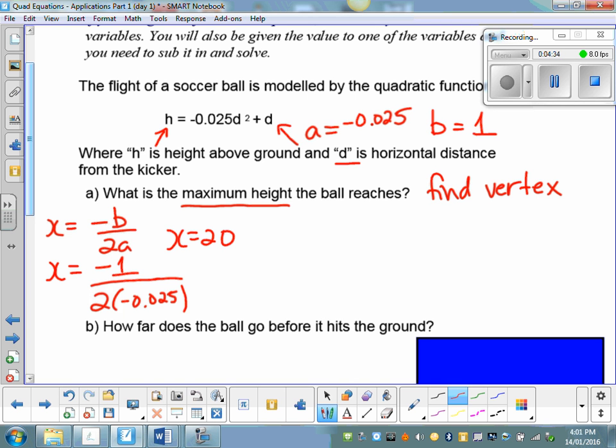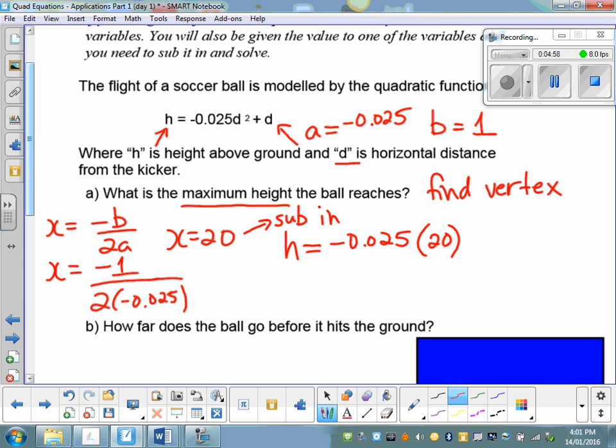So that's the x part of the vertex. Now I'm going to sub that into the equation up above. Now I'm using x here. Remember, x is where the d is. So we're trying to figure out what the maximum height is. So h is equal to negative 0.025.